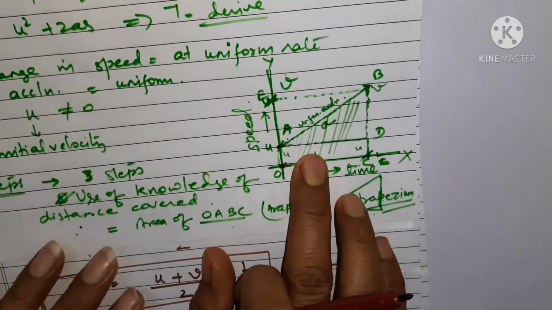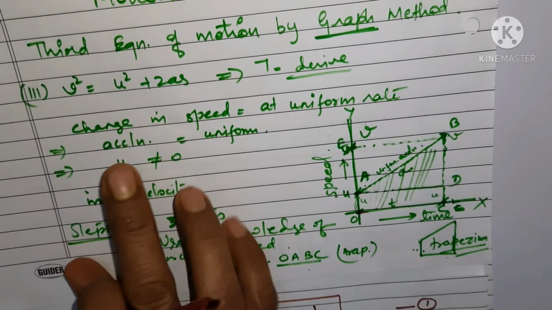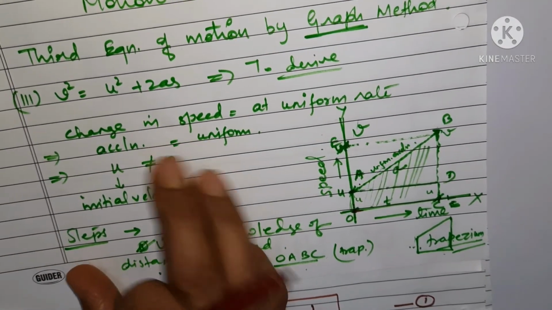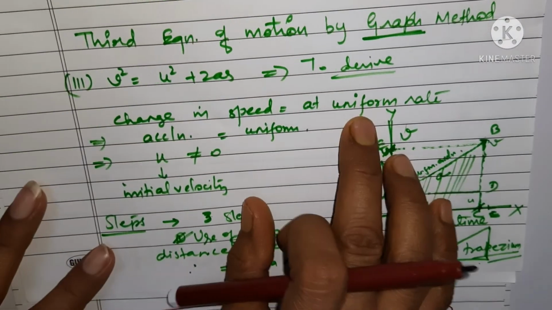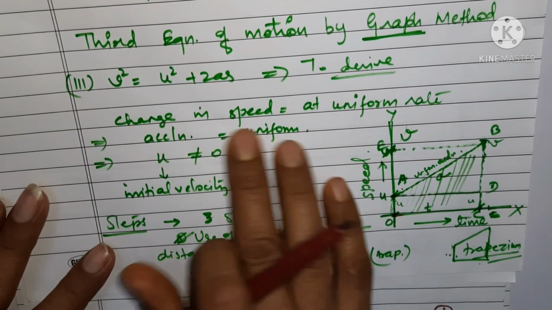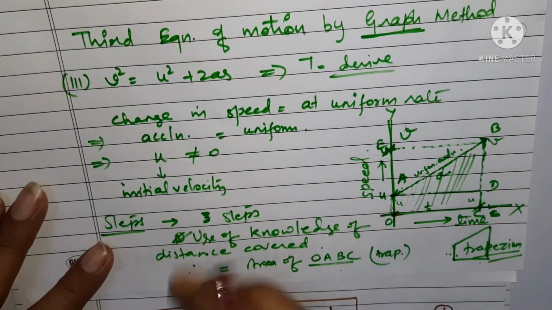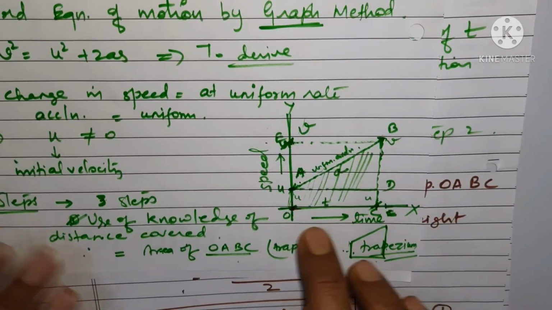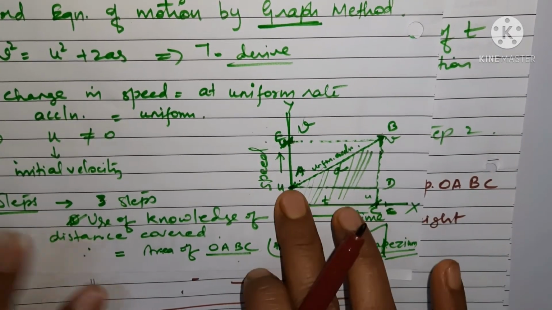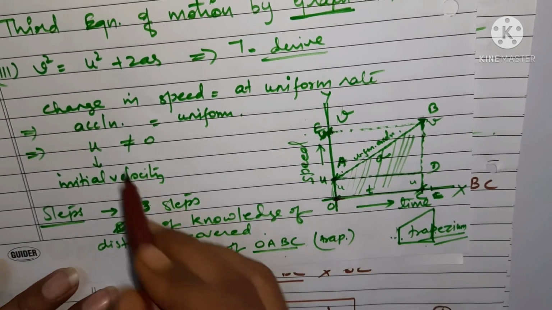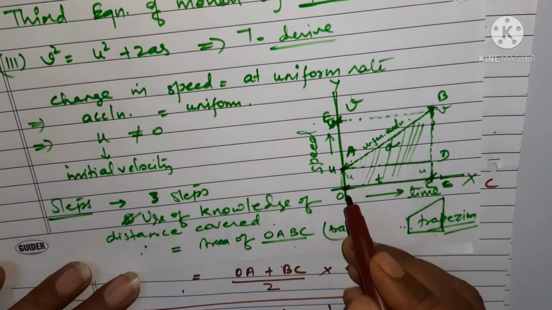We have simply taken a moving body. The change in speed of the body was considered to be at a uniform rate. When there is a uniform rate of change in speed, you get the acceleration to be uniform. Then we consider that the moving body has some initial velocity, not equal to 0, so we have taken the initial velocity to be u.